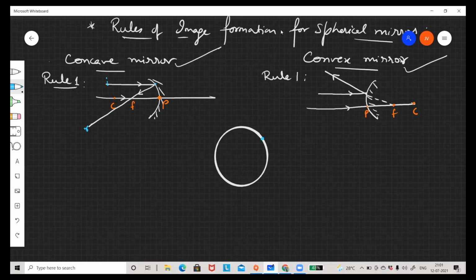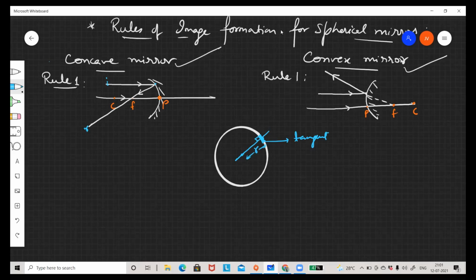At this point, I want to draw a perpendicular, which means I have to take this small section as a straight line. This will behave like a tangent, and anything that is perpendicular to this tangent is guaranteed to be along the radius of the circle.